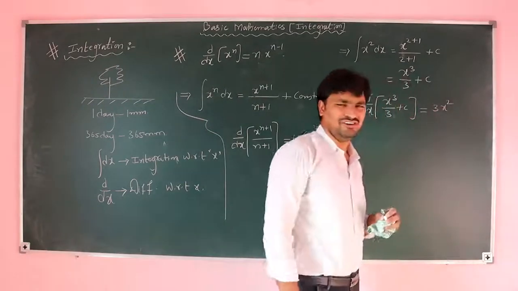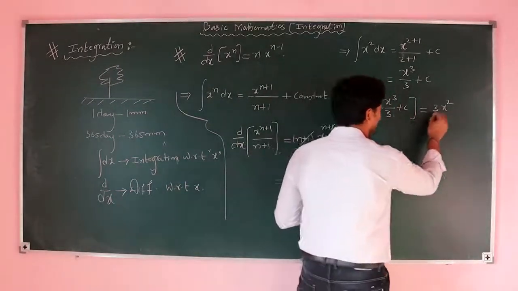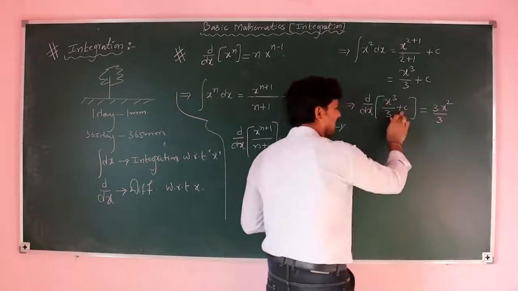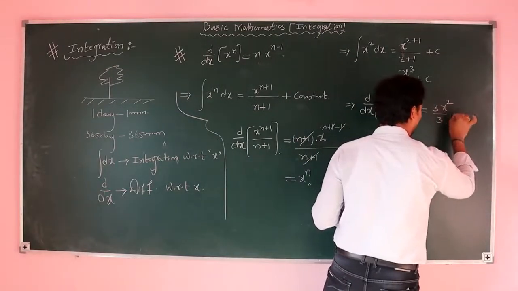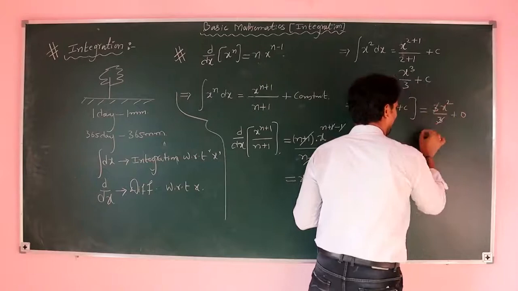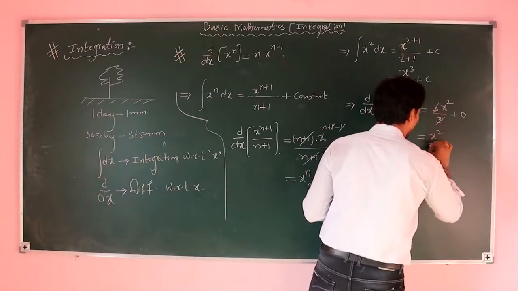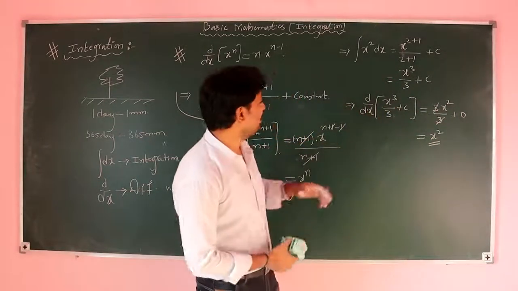Yes or no? Yes. By 3, and constant differentiation is 0, so it cancels. How much did we get? X square.